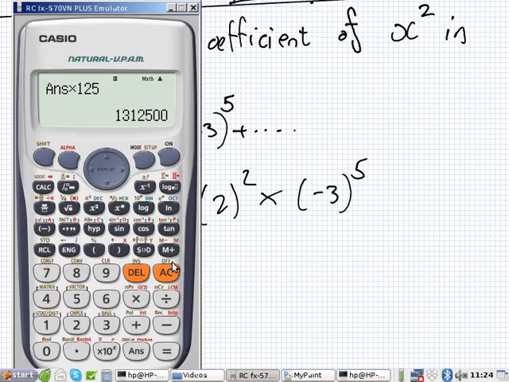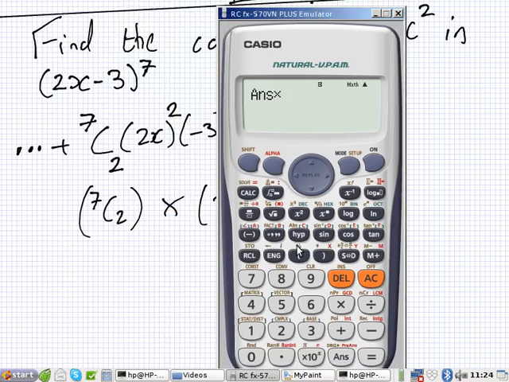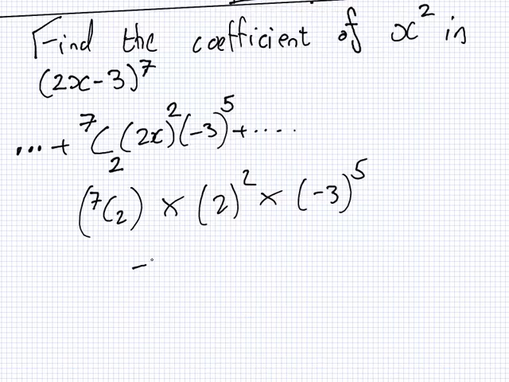Oh no, wait, that's too far. Hang on. Oh no, sorry, my mistake. Minus 3 power 5 times 2 squared, which is times 4, times 7C2. Equals. Did you get this? Minus 20,412.